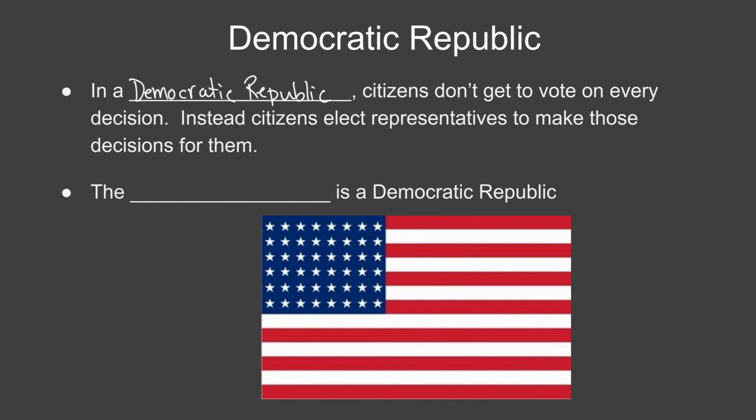That would be way too time consuming to vote on every single law and then always tally up the laws. Instead, citizens elect representatives, or people who will do what they would like them to do, to make those decisions for them. So that's why we vote for congressmen and senators in the United States, so that they will make decisions that are hopefully in our best interest.